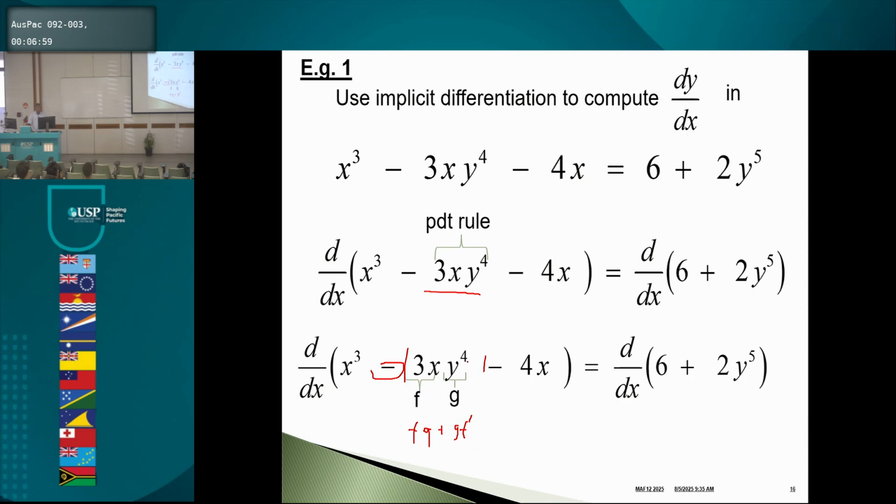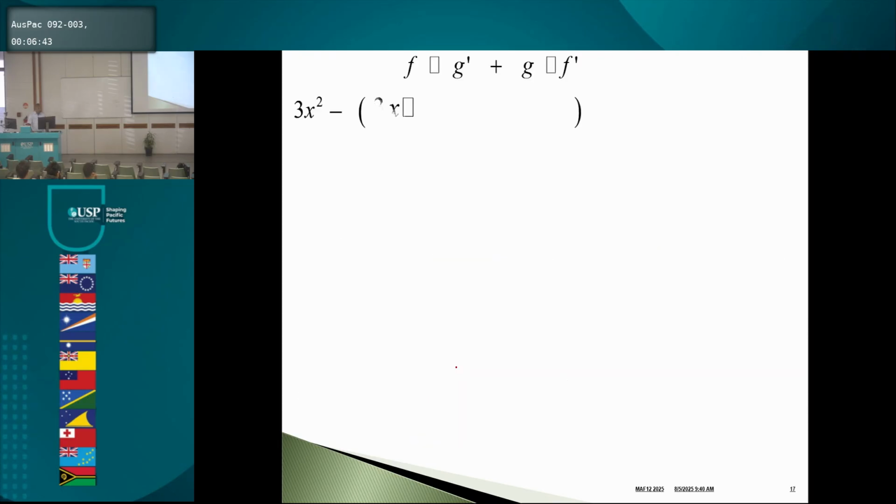What's the derivative of y to the 4? 4y cubed. Because you're differentiating y's, you'll have to attach dy over dx. And then leave g as it is, times f dash.